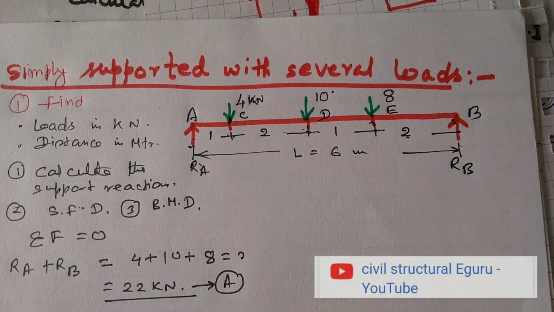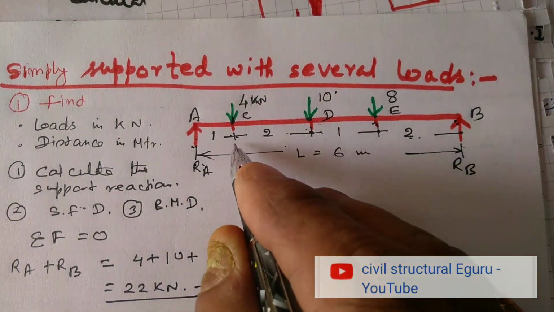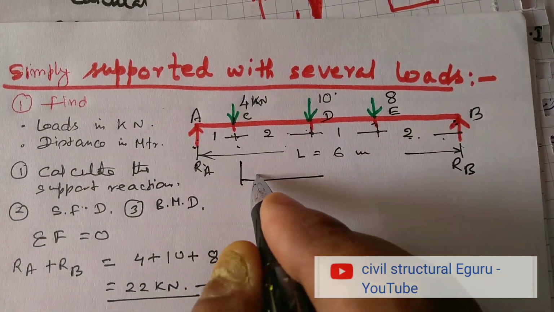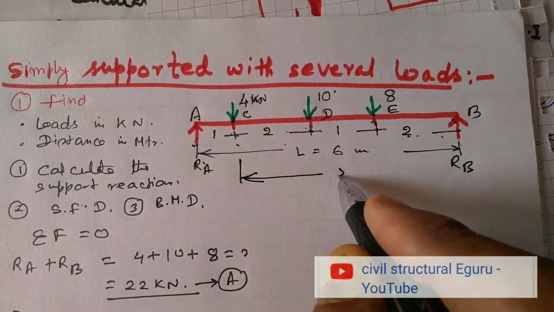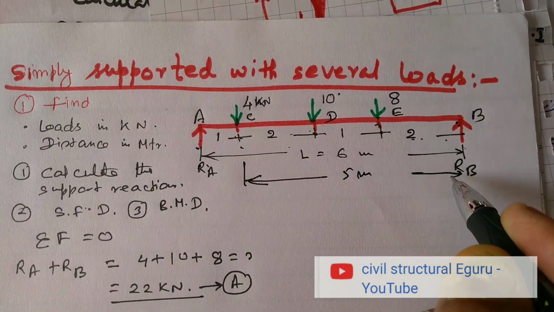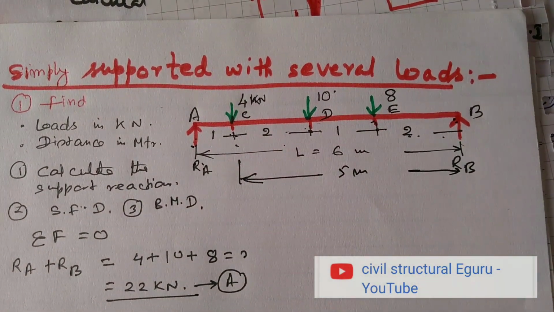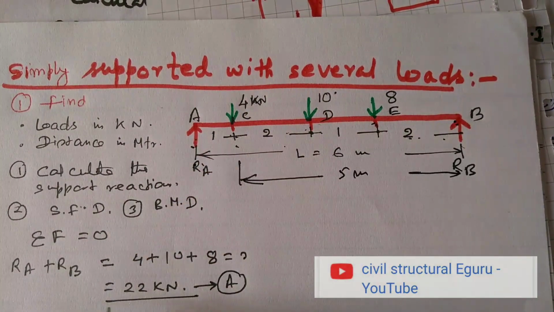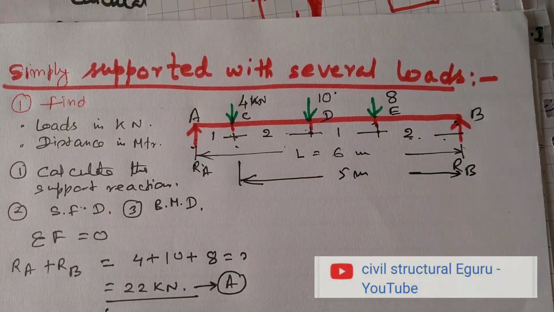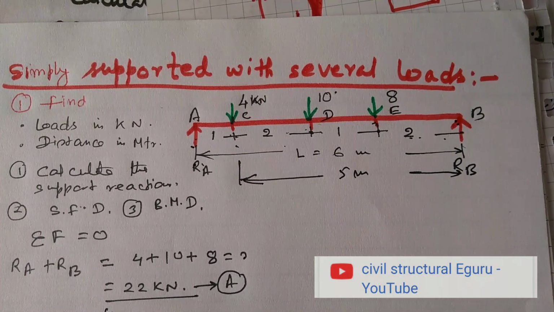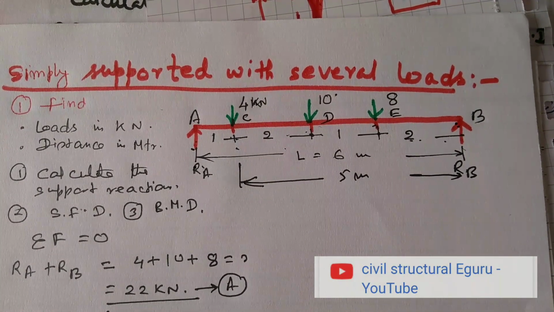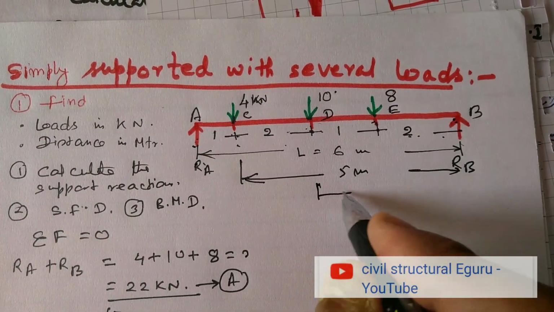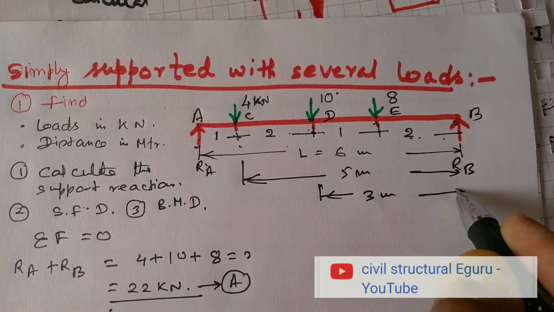4 into the total distance from this to this. This distance is 5 meter. So 4 into 5 meter. This is anti-clockwise direction, so this is negative. Again minus 10, the load, into distance 3 meter.